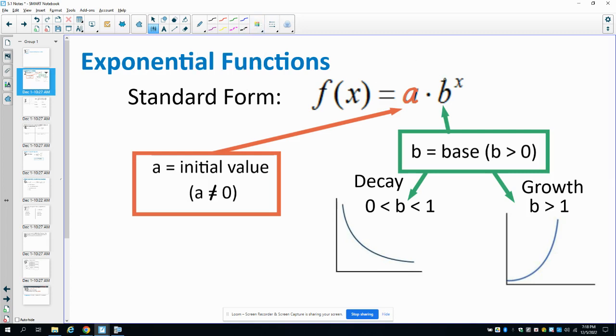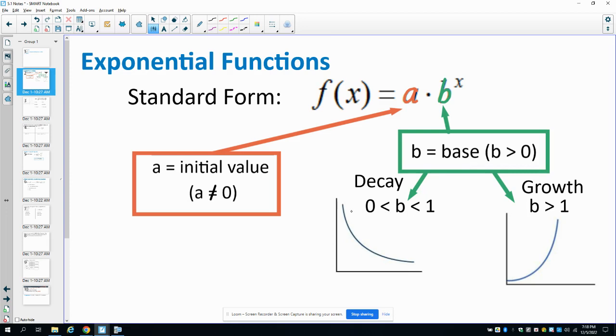And then b is your base, and b has to be greater than 0. So your exponential base cannot be a negative number. So if you see a negative, it goes with this initial value. So b has to be greater than 0. If b is between 0 and 1, okay, so it can't actually be 0 and it can't actually be 1.